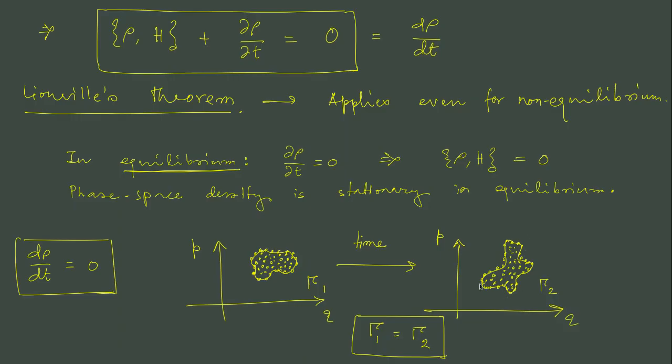Its shape might change, but the area must remain the same, because that is also another way of defining the density, the number divided by the area. So this is another way of saying Liouville's theorem. Both are completely identical, of course, but the first definition comes in handy when we look at statistical mechanics.